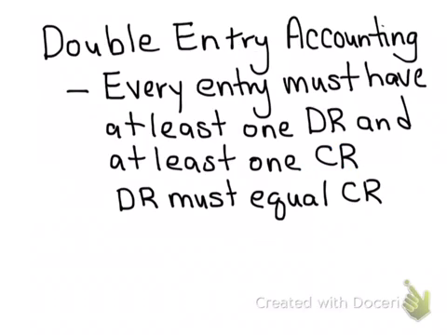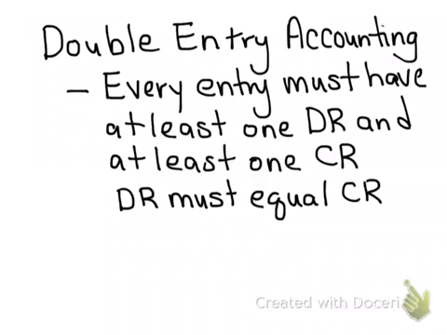The next section that I'm going to look at goes into a little bit more depth with journalizing. What we use in accounting is a double entry accounting system. Every entry must have at least one debit and at least one credit.